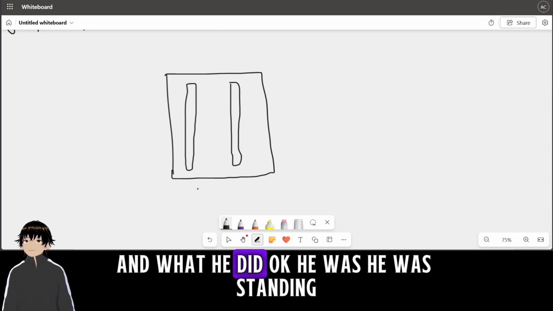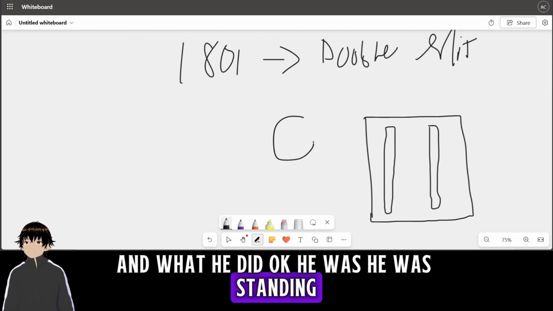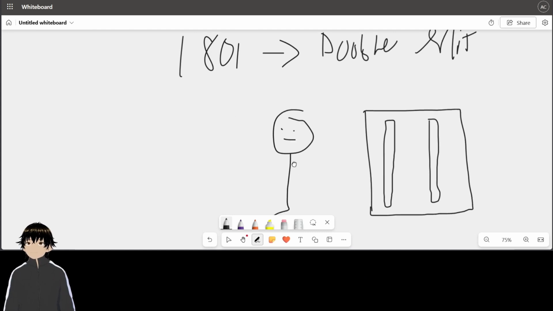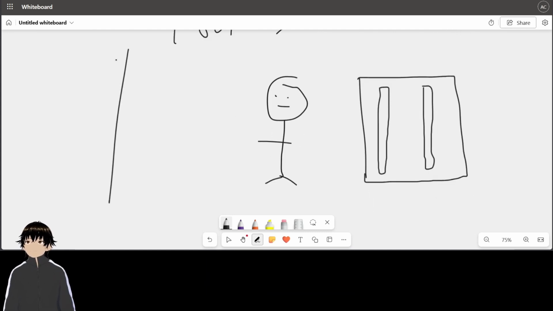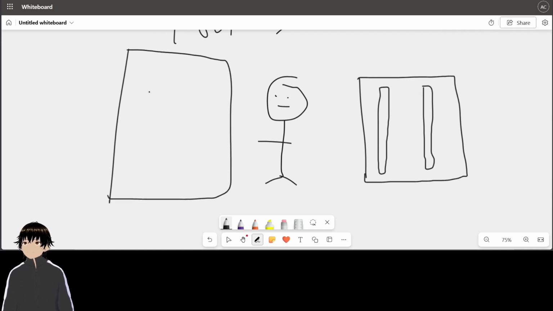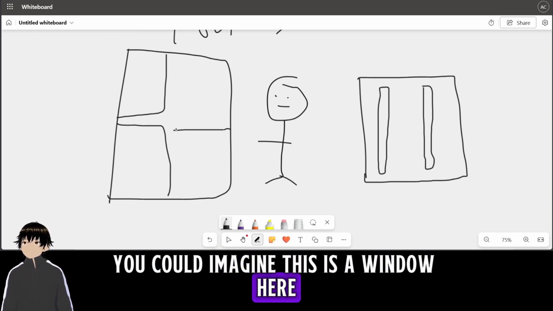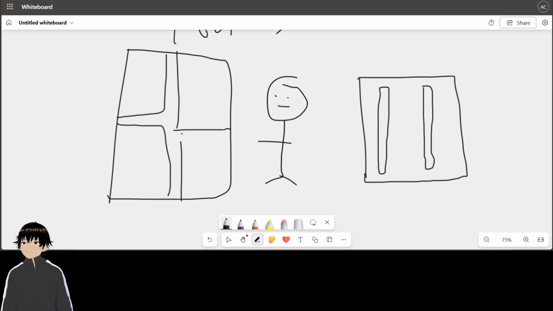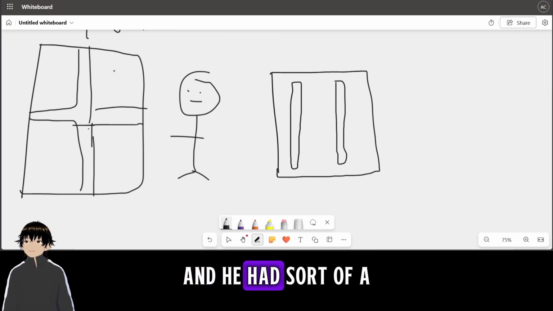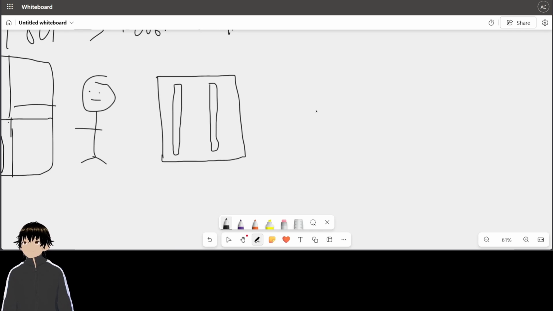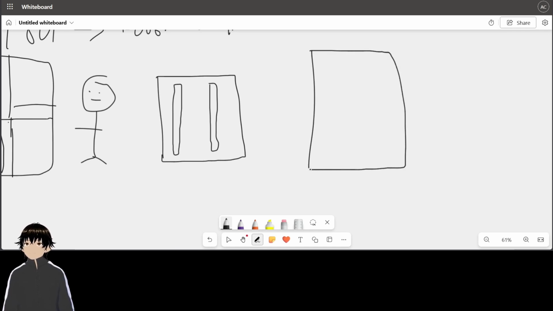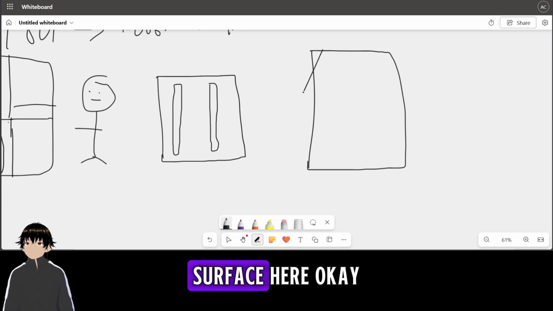And he was standing near a window. You could imagine this is a window. And he had sort of a black surface here.